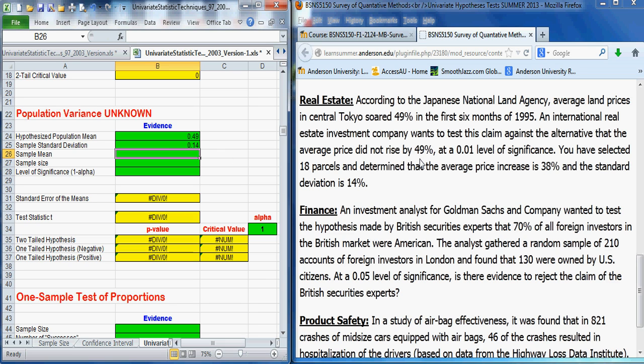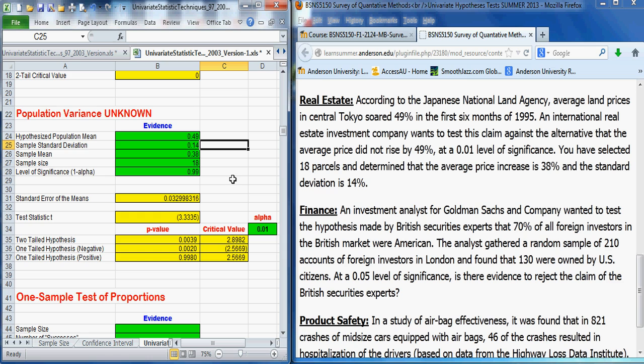The sample mean was 38%, so 0.38. Sample size, 18 parcels. We're looking at an alpha of 0.01, so therefore our level of significance is 0.99. And we have what we need to know.